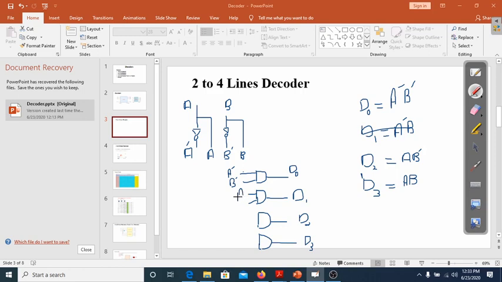This is MSB. A is MSB, most significant bit, and B is the least significant bit.